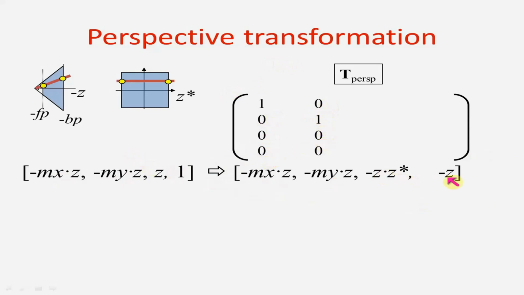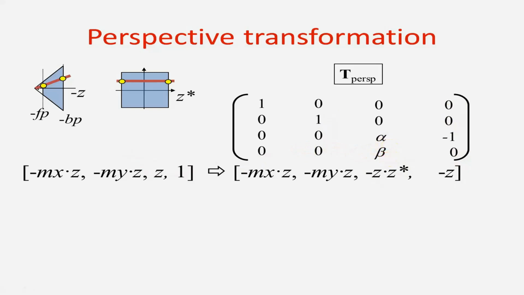The fourth element of the result is -z, independently of the values of mx and my, which is again possible if the fourth column is 0, 0, -1 and 0. We are left with only the two unknown parameters of alpha and beta in this matrix.